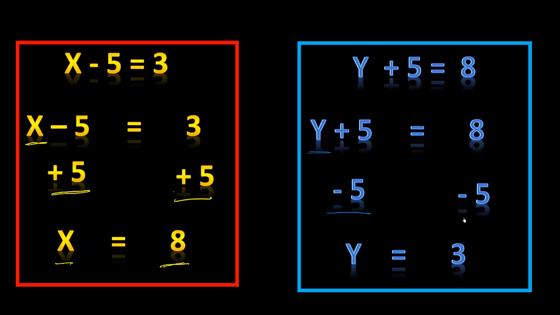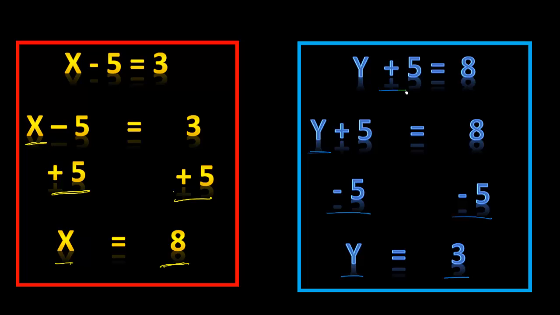Now we're gonna have to do the same operation to both sides. So it would be 8 minus 5 also. So from this we see y is equals to 3. Because 8 minus 5 is equals to 3.